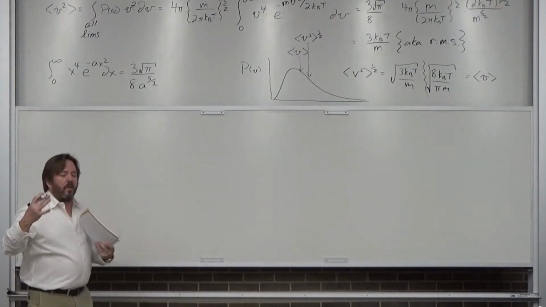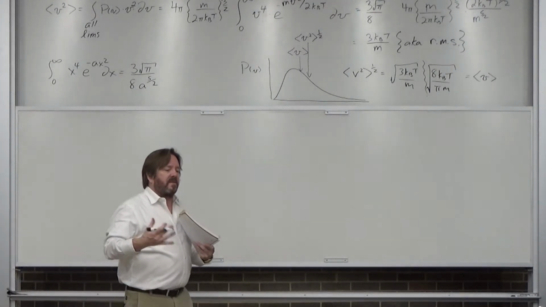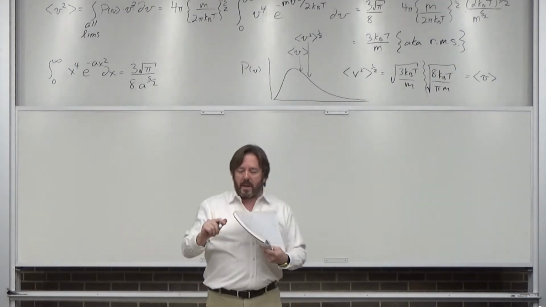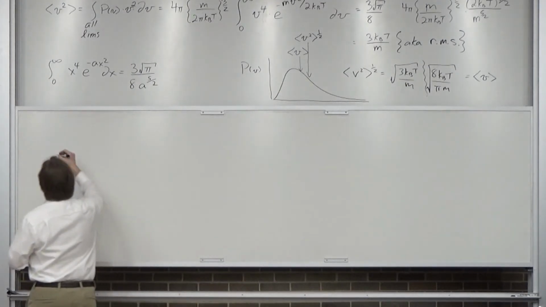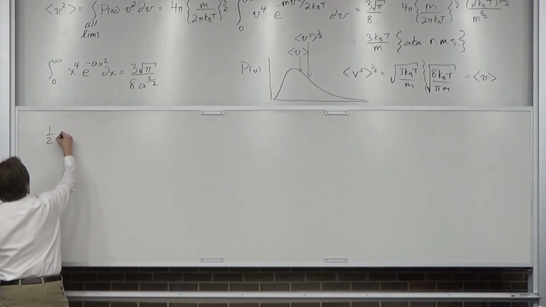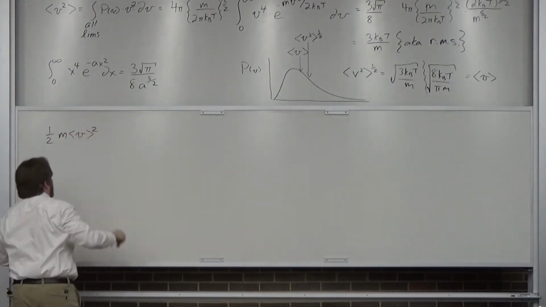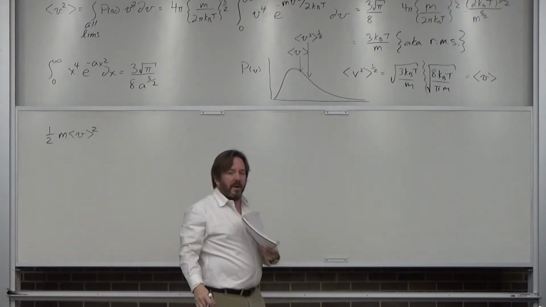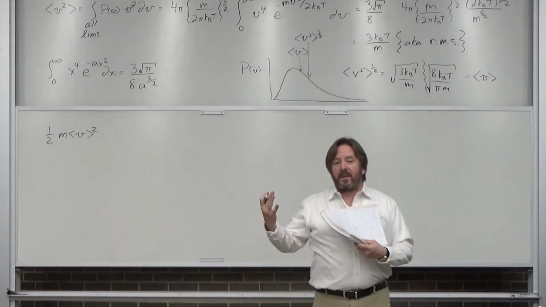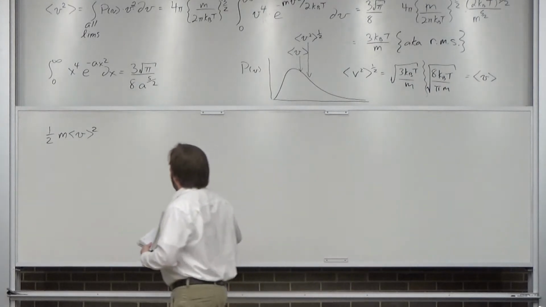All right, so what that I can calculate the average versus the RMS average. So what? Okay, let me ask you this. Well, let's just do this calculation. 1/2 mv squared, right? Looks familiar. 1/2 m times the average value of the velocity, and square that. What's that?